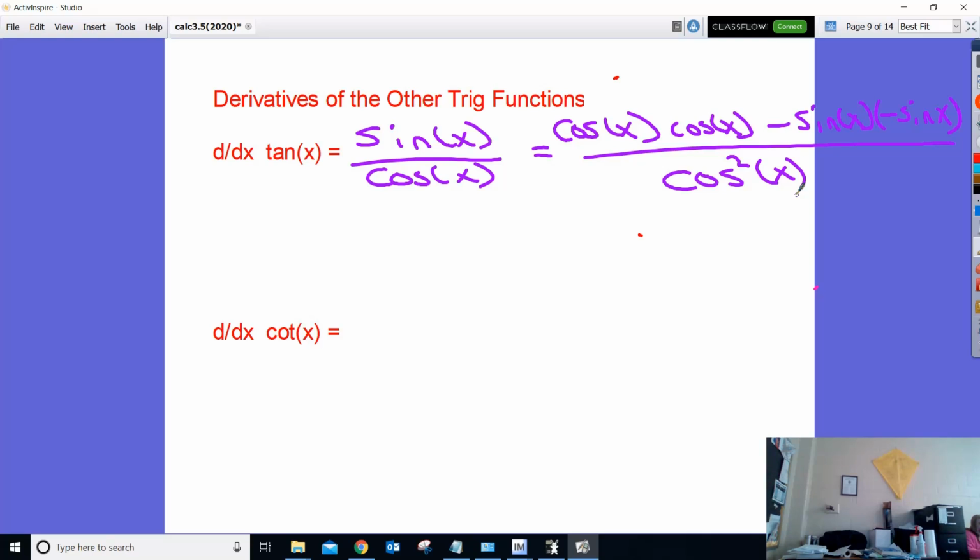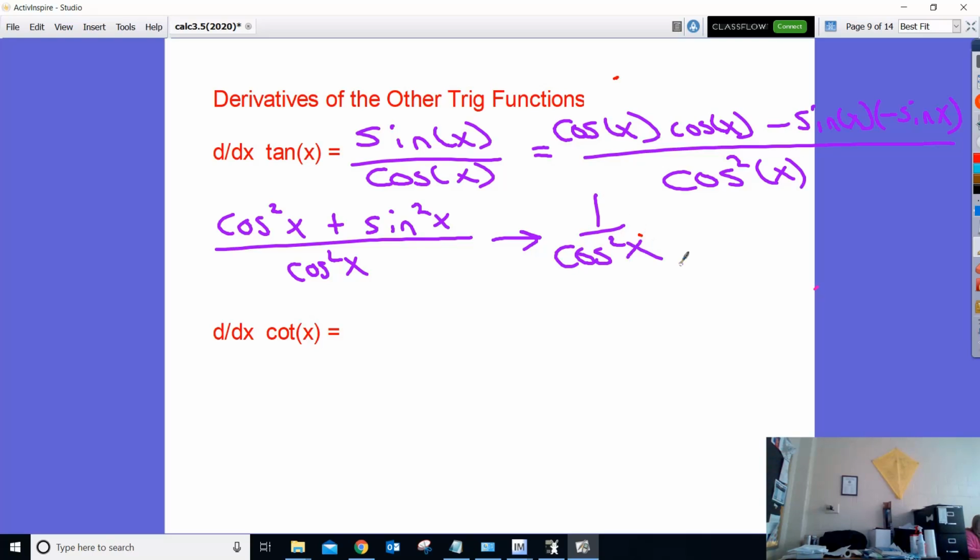So the top is kind of unique. We'll have a cosine squared of x, a minus times a minus, plus what? Sine squared of x, sitting over a cosine squared of x. Now, from your three Pythagorean identities, what is cosine squared plus sine squared? 1. Oh, we're almost done.